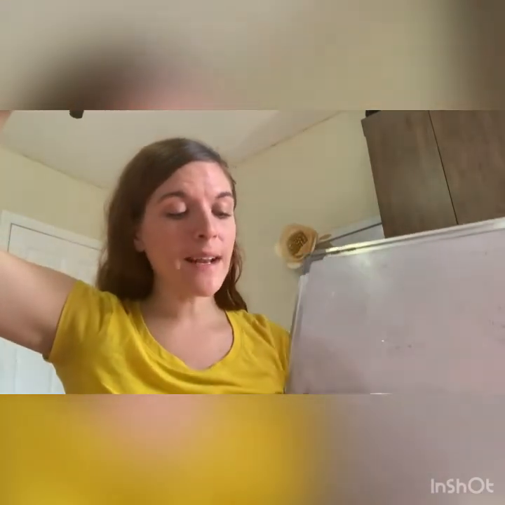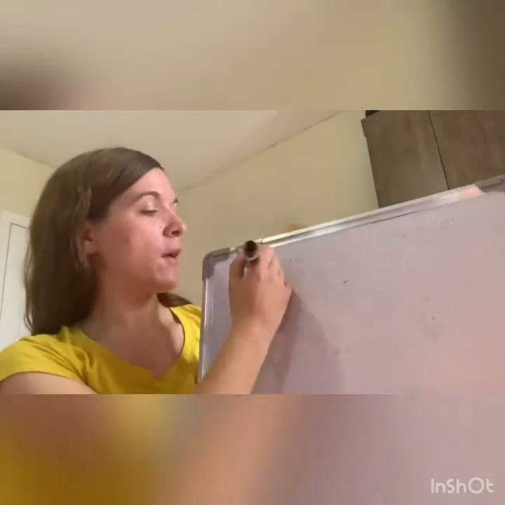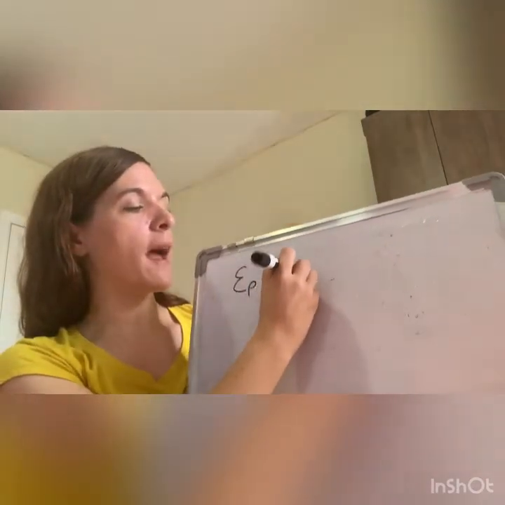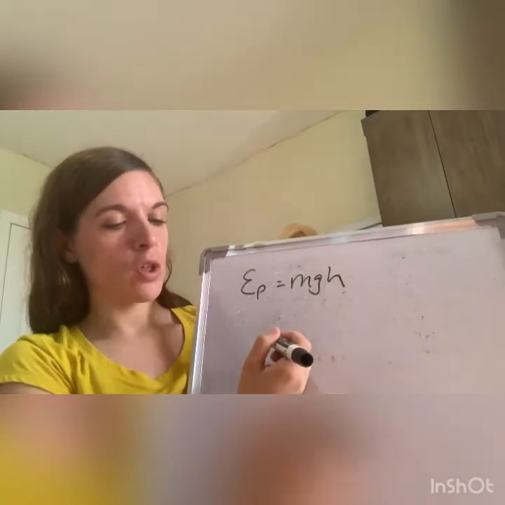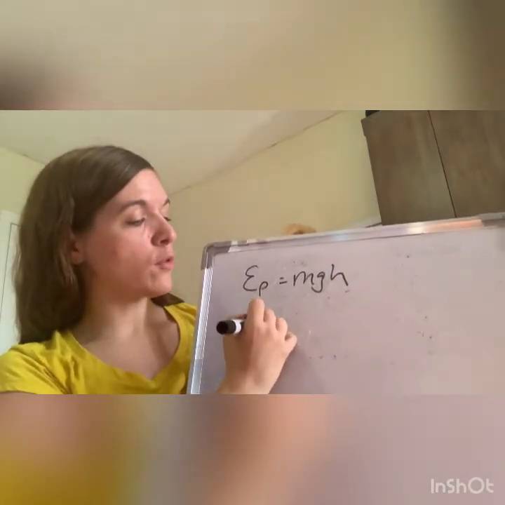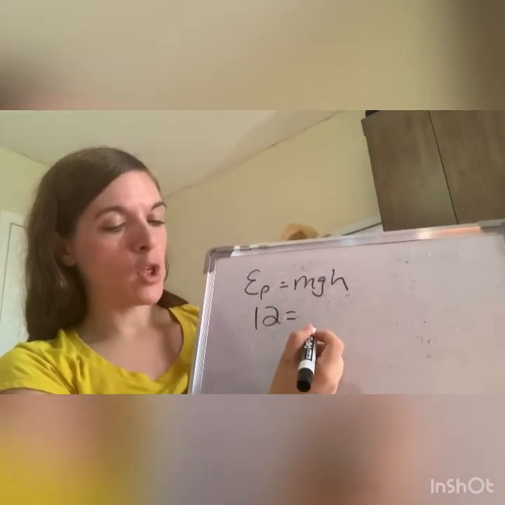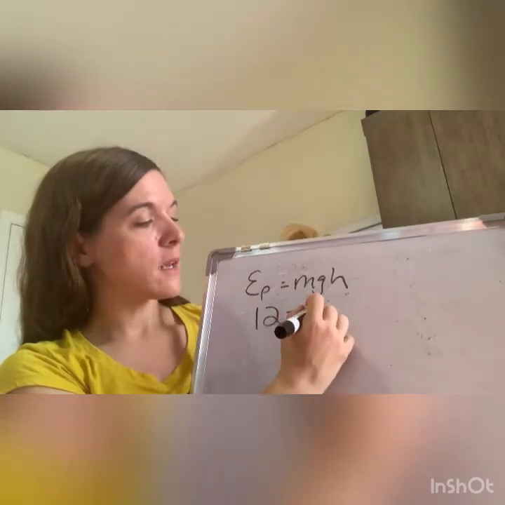That's number 1. Number 2, an object has 12 joules of potential energy when it is lifted 0.8 meters above the floor. What is its mass? Okay, so now again, use the formula EP equals mgh. It has 12 joules of potential energy. We're looking for the mass.